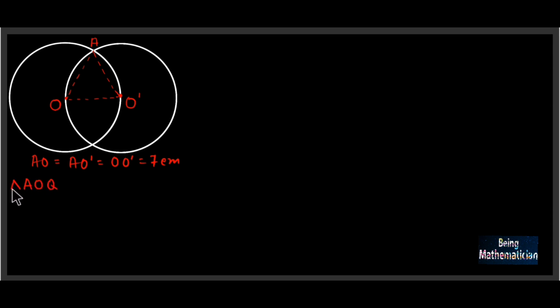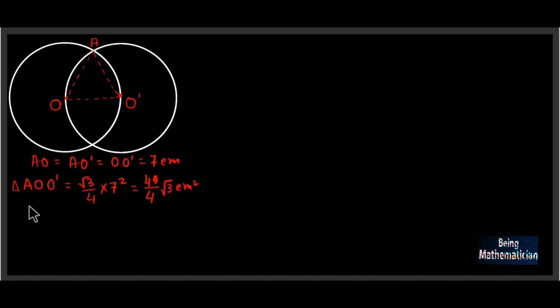So area of triangle AOO dash is equal to root 3 by 4 into 7 square. It is 49 by 4 root 3 centimeter square.